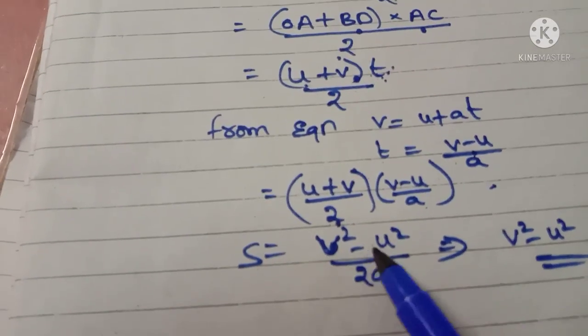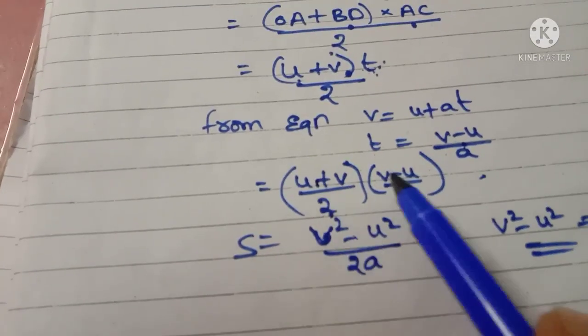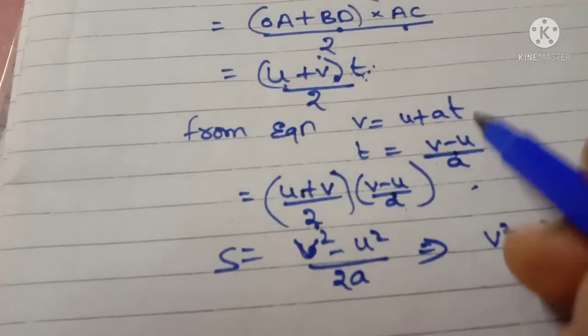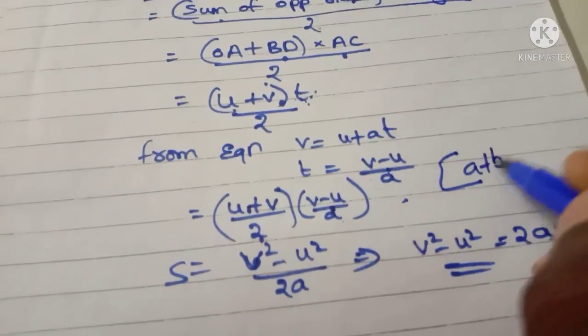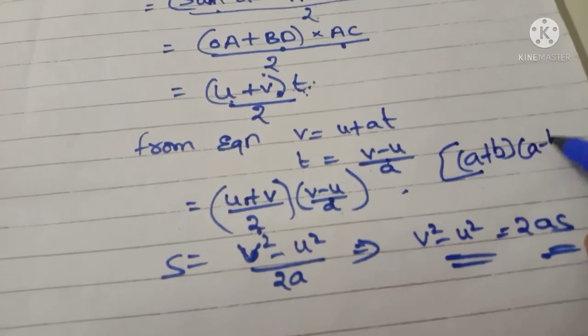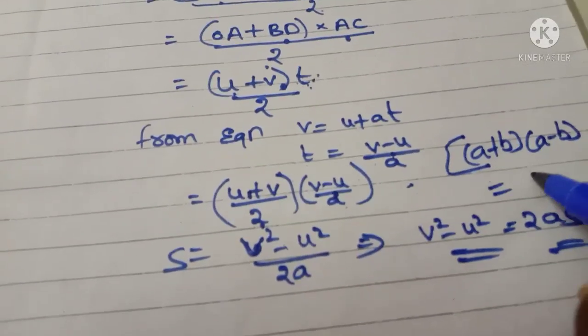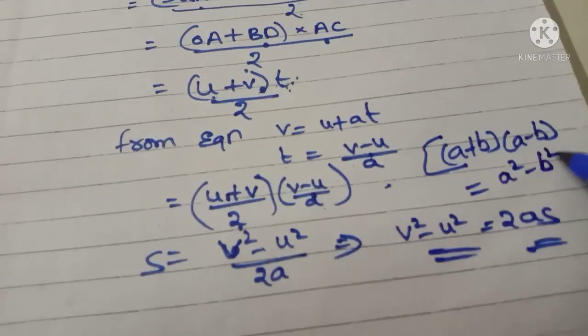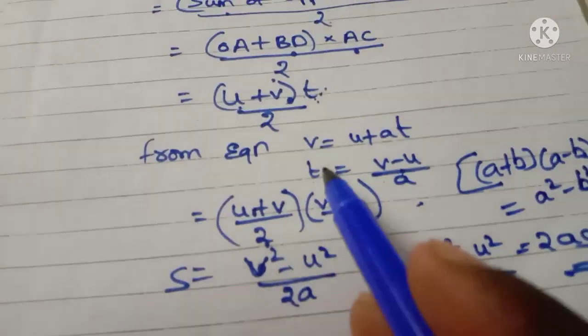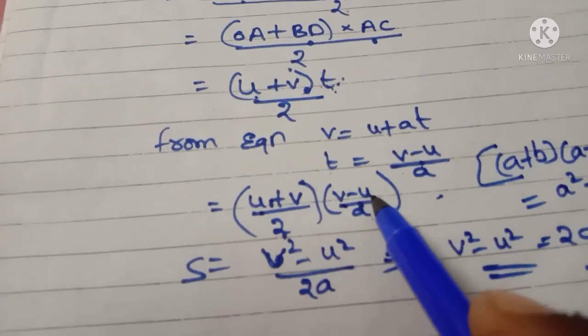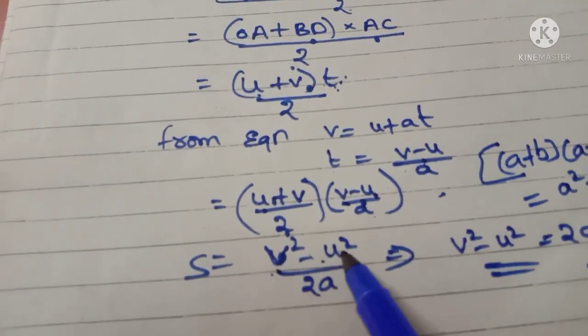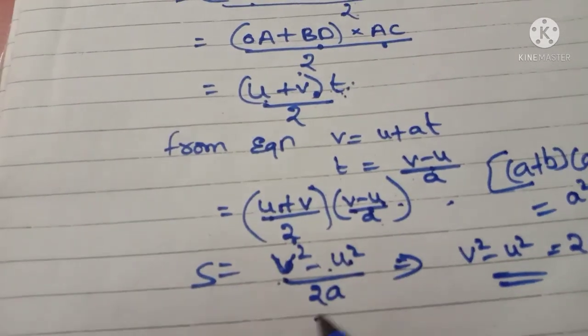So s equal to v plus u into v minus u, by 2a. See, the formula a plus b into a minus b equals a square minus b square, isn't it? The same formula we are using: v plus u into v minus u gives v square minus u square, divided by 2a.